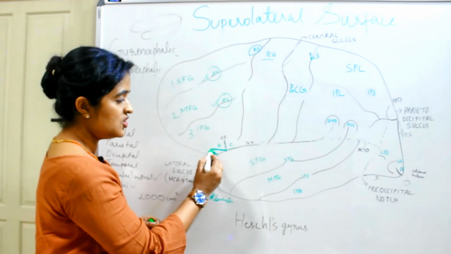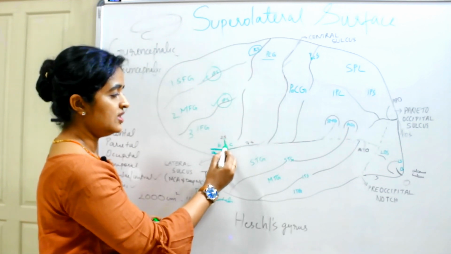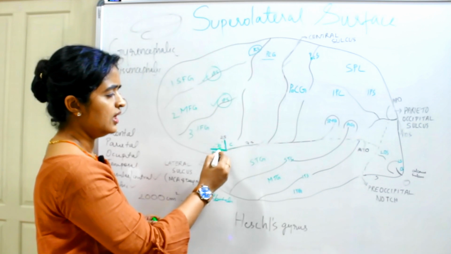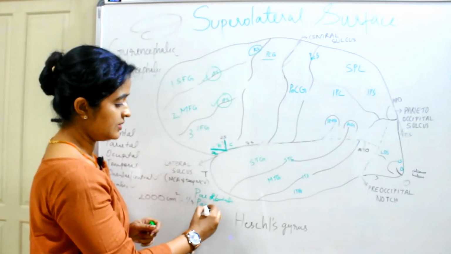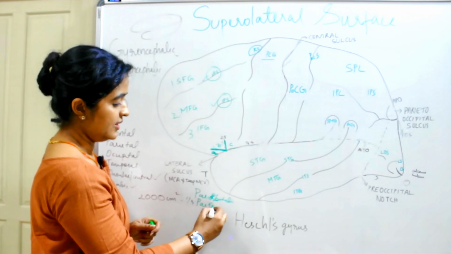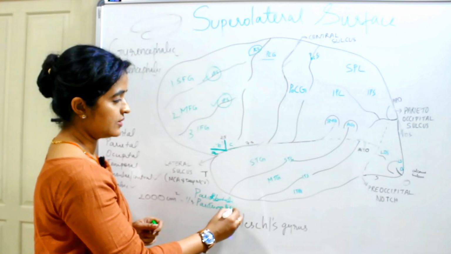Now there is a region between the anterior horizontal and anterior ascending rami. This is almost a triangular region, isn't it? So it is named similarly, pars triangularis.